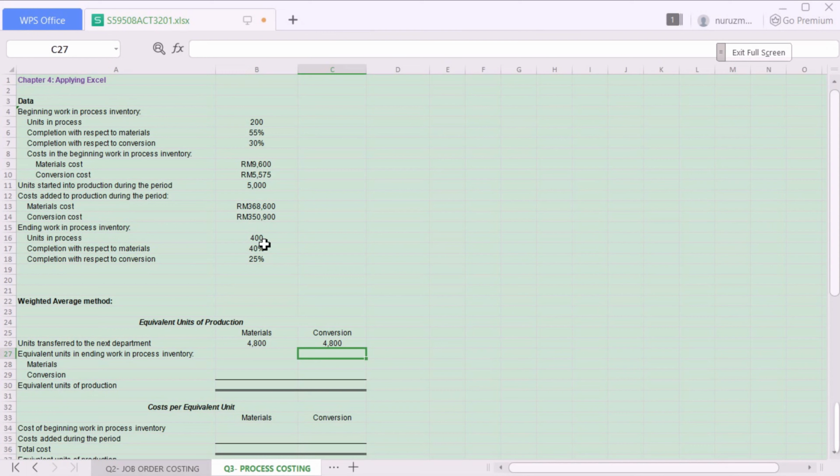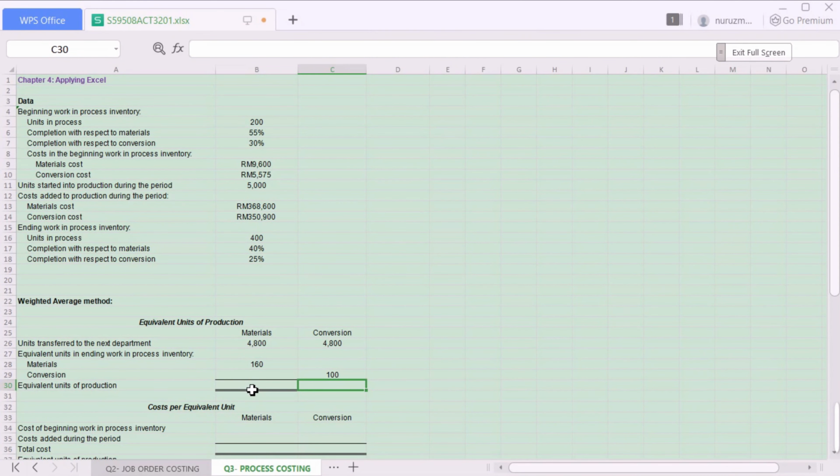Equivalent units in ending work in process inventory for materials, 400 multiplied by completion with respect to materials 40% equals 160, and for the conversion 400 multiplied by completion with respect to conversion 25% equals 100.